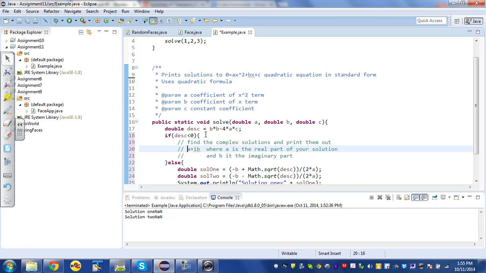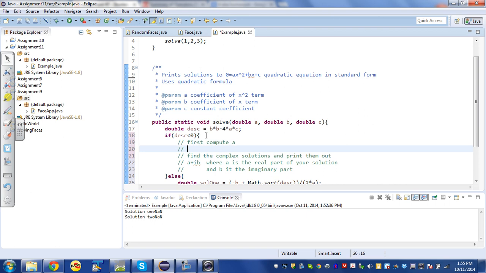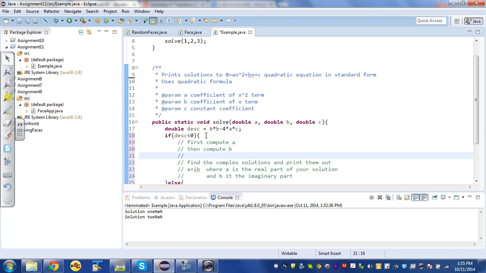So the idea is that you're going to first compute a, then compute b, then print something like a plus, and inside of quotes, i plus b, where a and b are variables that are both declared as doubles.